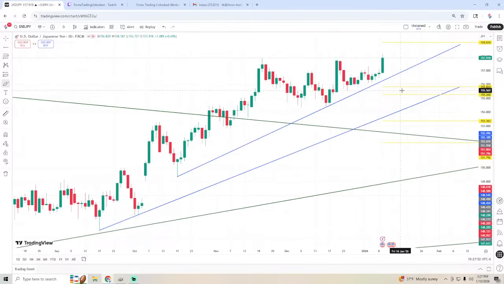And then I think we probably chop around here for a little bit, maybe ride this trend line, and then boom. As we head into February and March, we should be back at this 153 area to 152, which puts us in a very good corrective area for this rally that we've had.